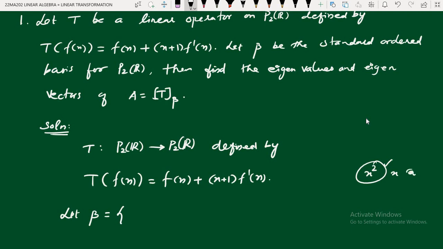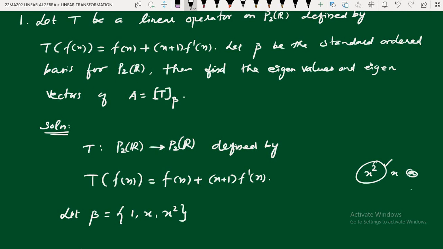Any constant a we can include. So here generally the basis elements are 1, x, x square. So these are the basis elements of P2 of R. Using these three vectors, we can create any polynomial of degree 2.